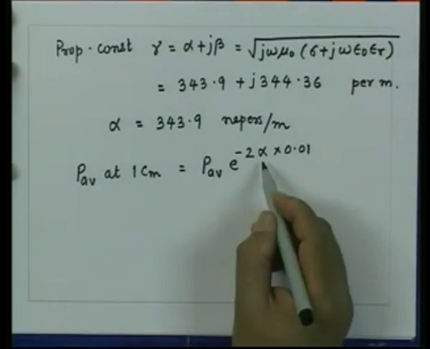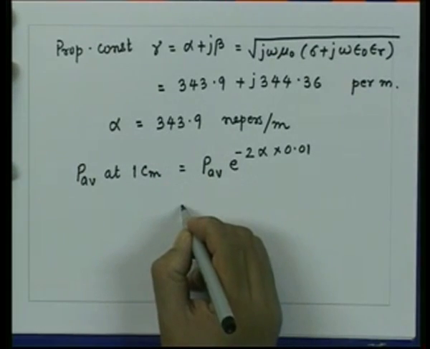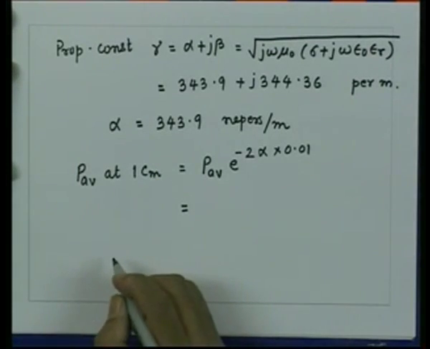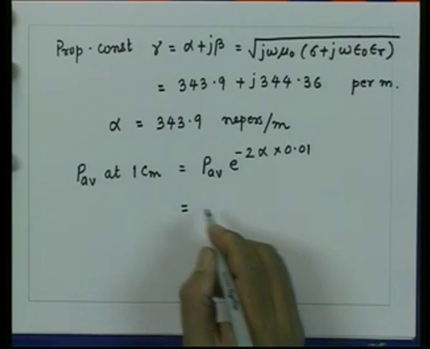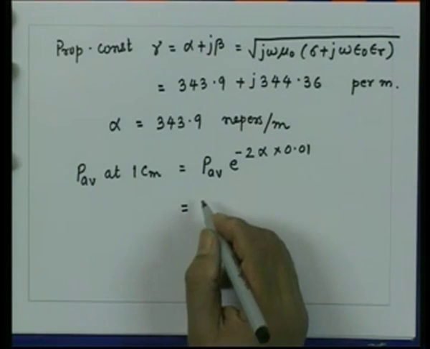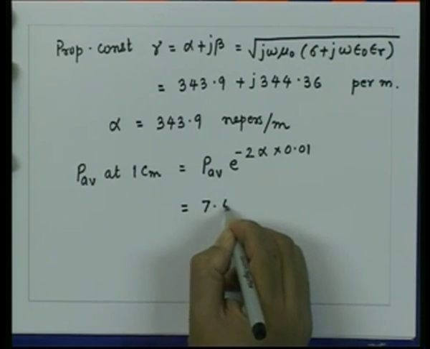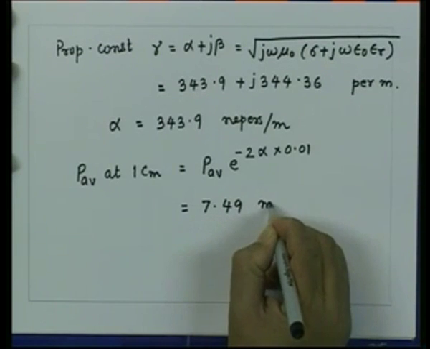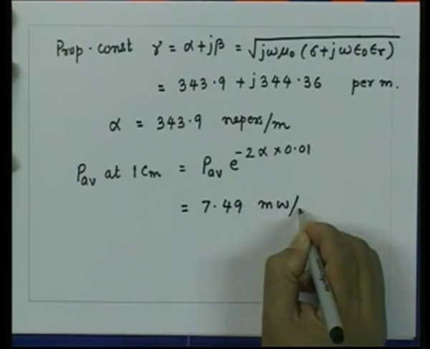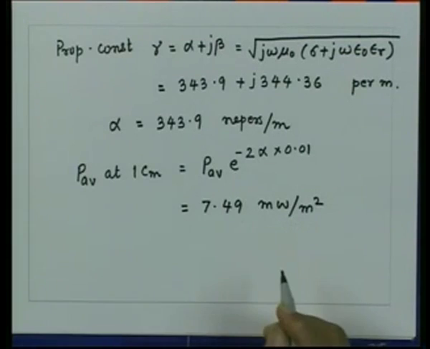So, substituting for the value of alpha from here, we get the power density at 1 centimeter equal to 7.49 milliwatts per meter square.